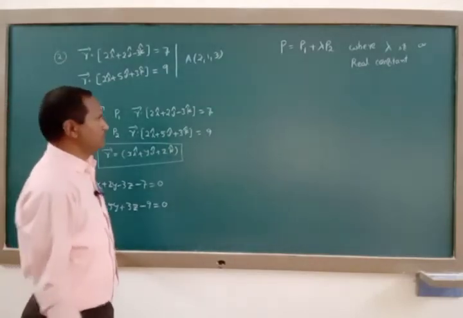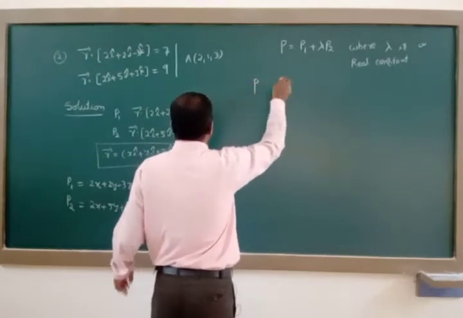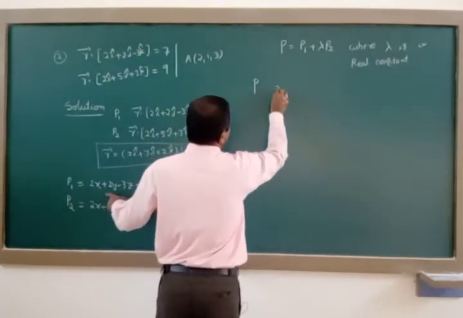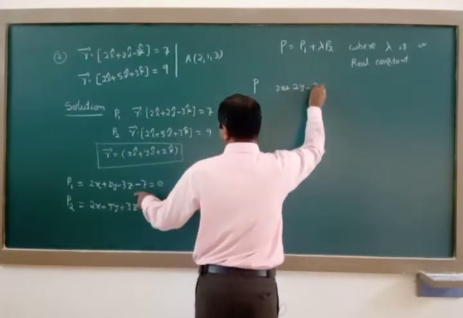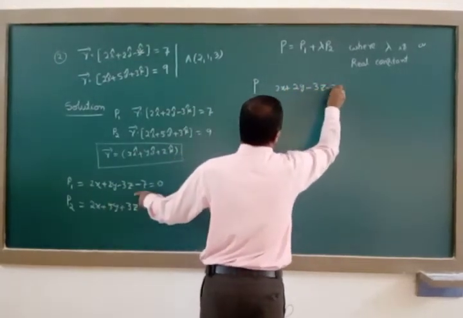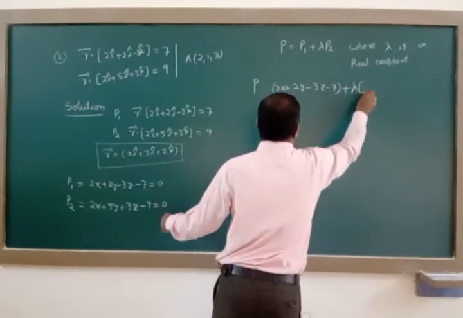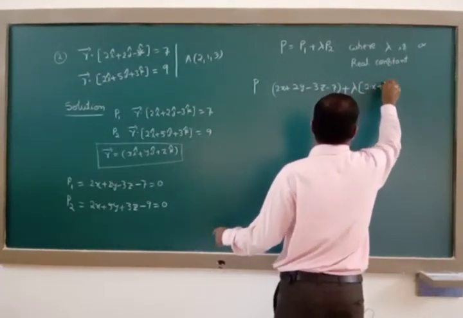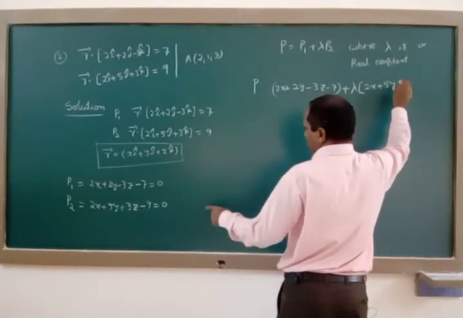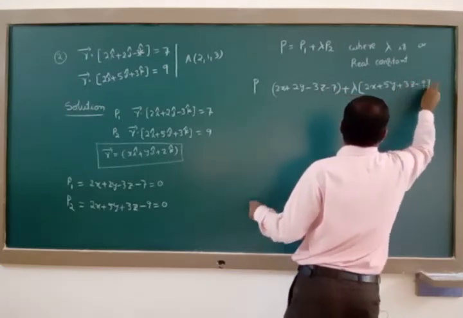That is, P says that P1 is 2x plus 2y minus 3z minus 7, plus lambda into P2, which is 2x plus 5y plus 3z minus 9, is equal to 0.